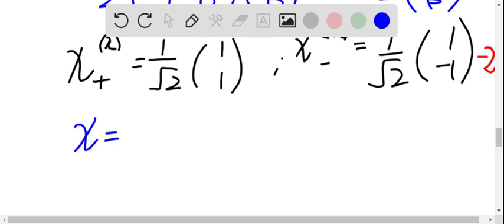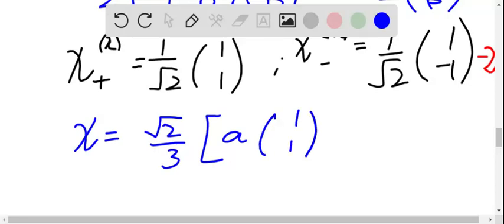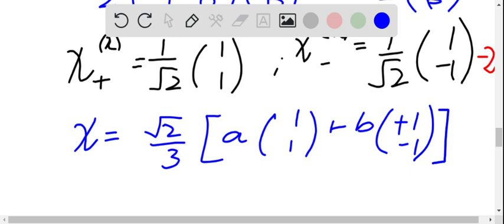So chi is equal to root 2 divided by 3 times [a(1, 1) + b(1, negative 1)], right? So we need to find the values of these constants a and b. We would set this equation equal to the given spinor, right?